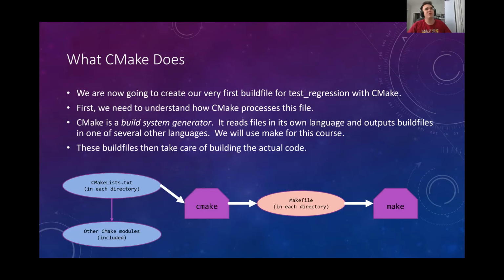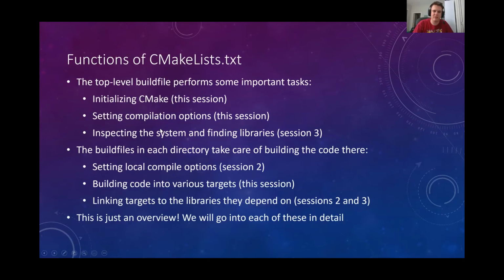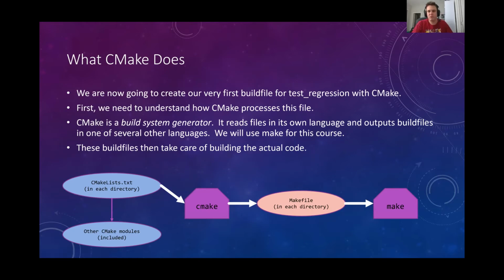If you've taken 104, you will have seen a little bit of Make type stuff, but in general, it's just a rule executor. It says in order to build this file, it needs these other files and this command run. That's basically what you need to know about it. It's its own program that you can use. You can write Makefiles by hand, but that's a lot harder. So CMake makes writing Makefiles a lot easier.